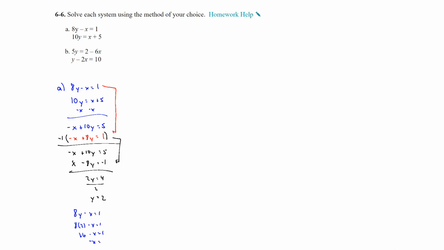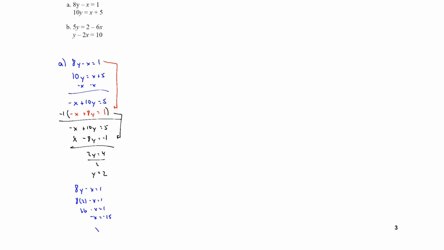Subtract the 16, that gives you negative 15. And then divide by negative 1. And we get x equals 15. So your x value is 15 and your y value is 2. So your solution, remember, is where the two lines intersect, at the point 15, 2.